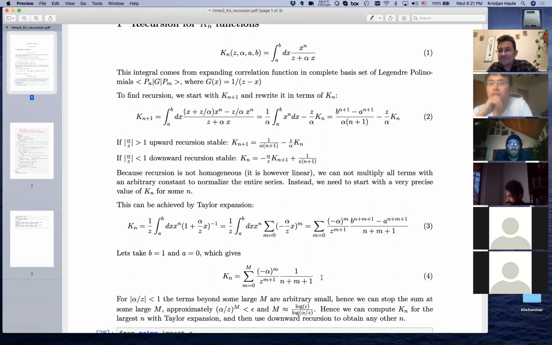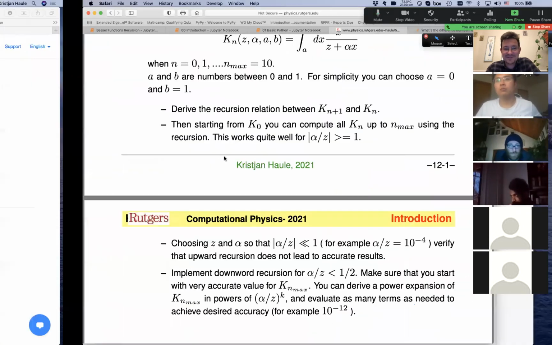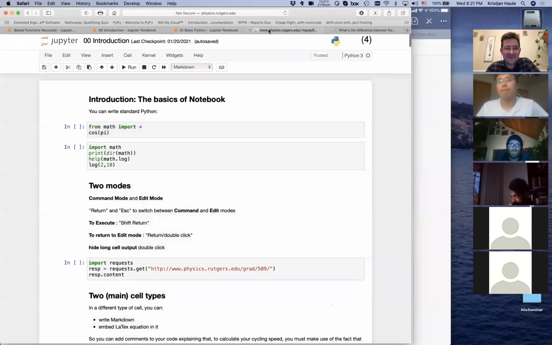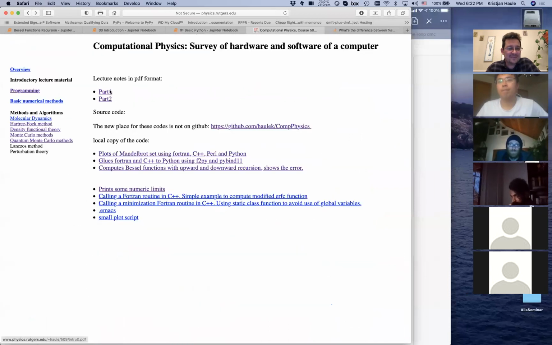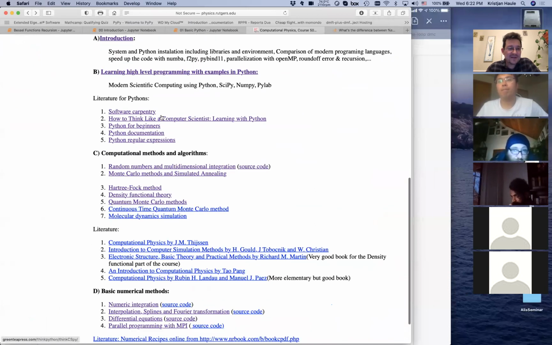So with this, I would stop for today. Next time, we're going to go a little bit more into details of the Python language. So we're going to introduce the Python language more precisely. We're going to go through lectures which I prepared. No, this is mouse. This is not the right thing. So we are going to go through, just a second, learning high level languages.